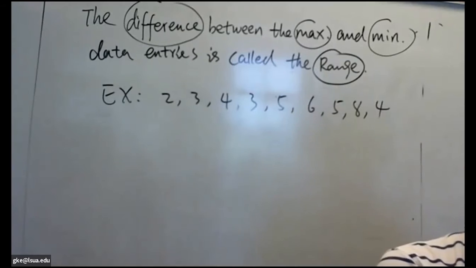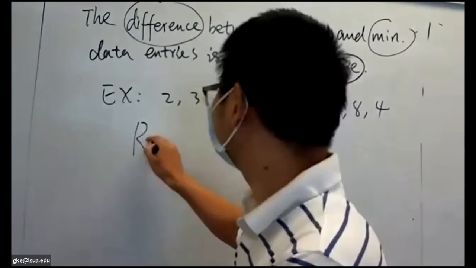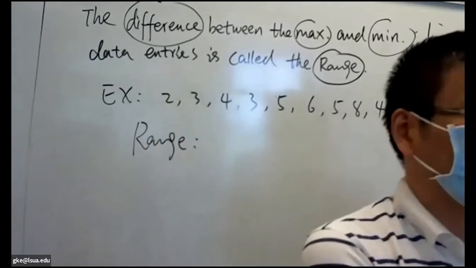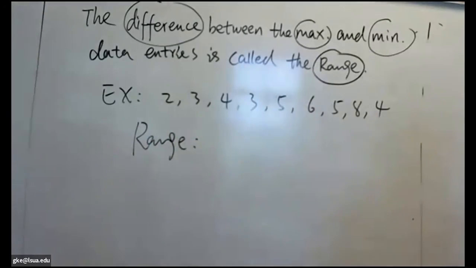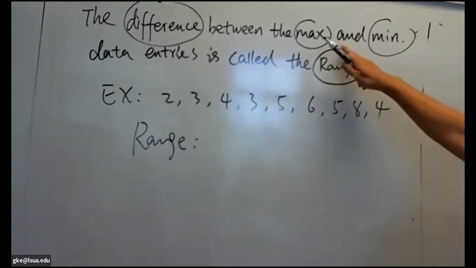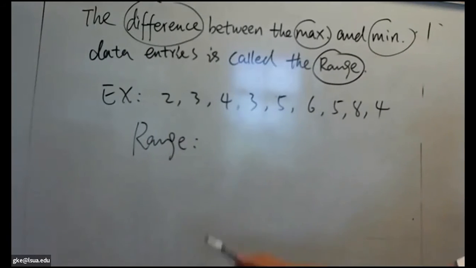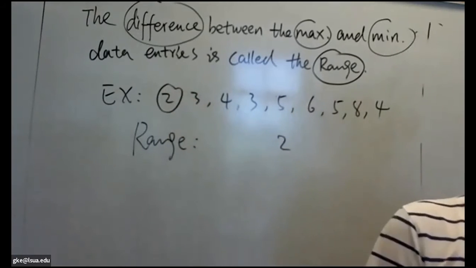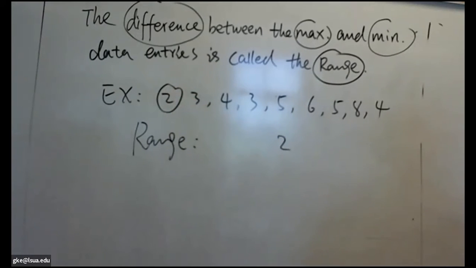How to find the range? Based on the definition, we need to find the maximum and the minimum. What is the minimum for this data? 2, very good. It's the minimum, right? What is the maximum? 8.